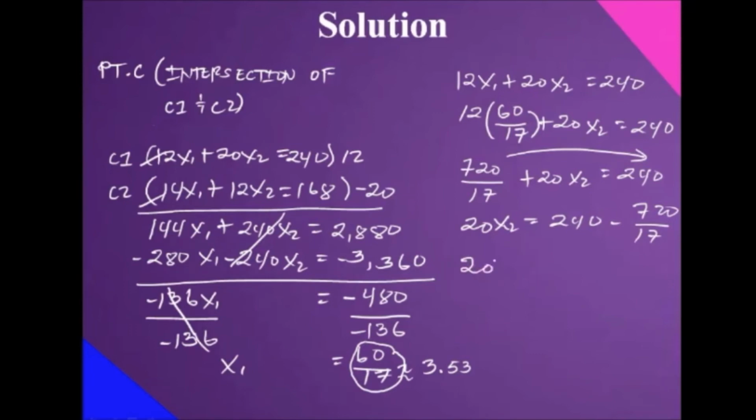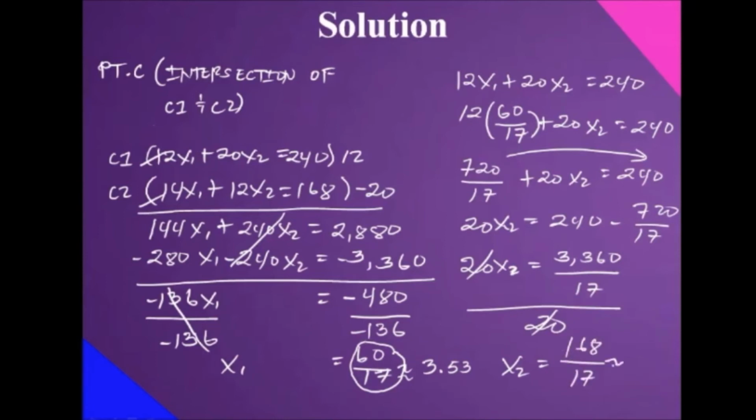If you perform that difference sa calcu, ibibigay niya sa atin is 3,360 over 17. And para makuha yung value ng x sub 2, divide natin both sides sa 20. X sub 2 will be 3,360 over 17 divided by 20. That is 168 over 17 or decimal niya equivalent to 9.88.